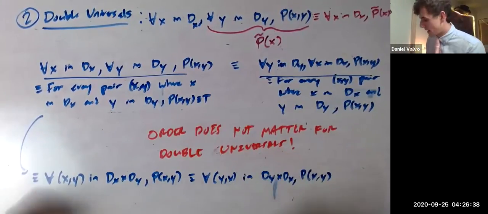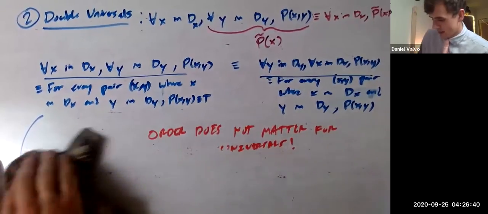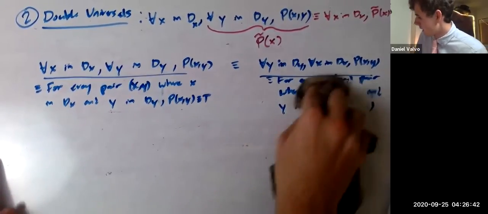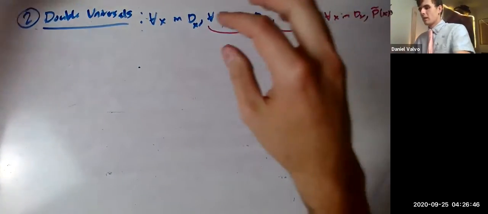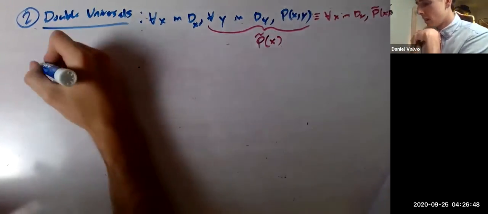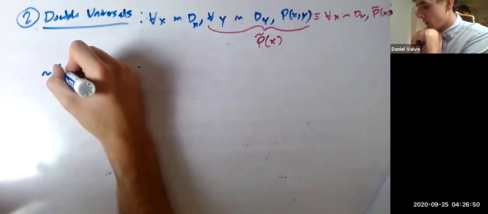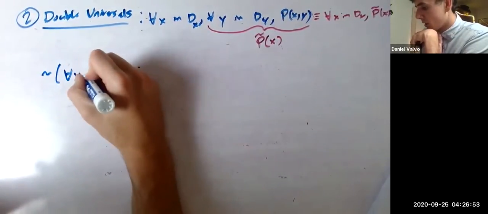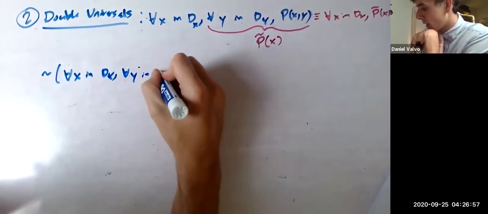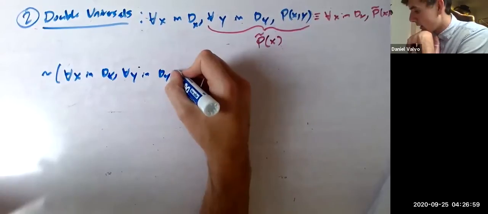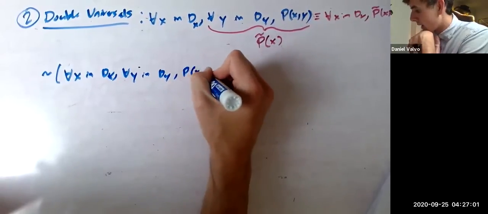Real quick, to add on to this, let's do the negation. The negation of a double universal, for all x in D_x and for all y in D_y, P of x, y.